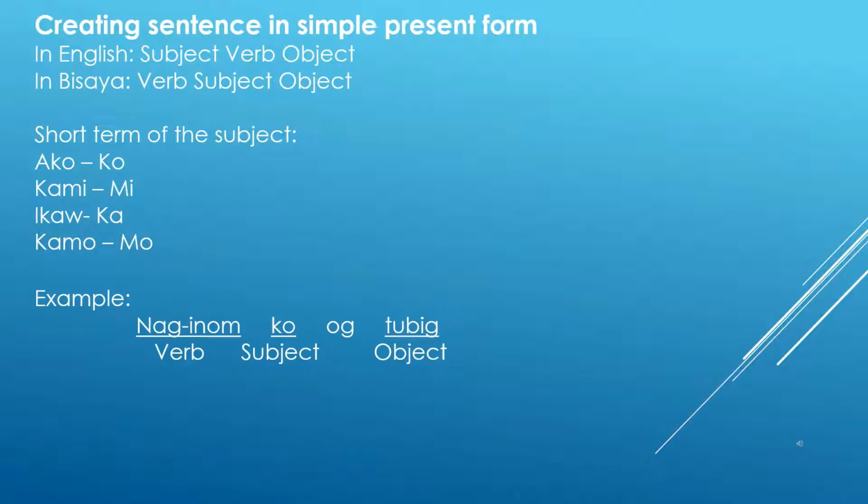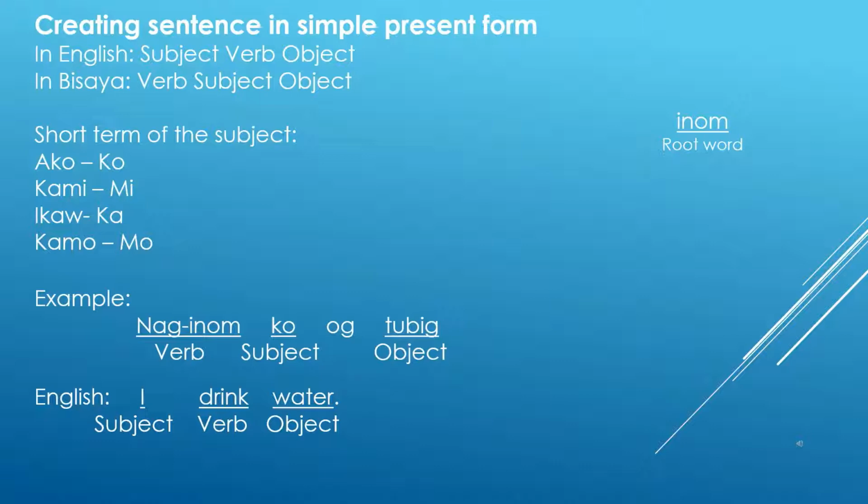So now, for our example, nag-inom ko og tubig. Nag-inom is the verb, which means drink. Ko is the subject, which means I, and tubig is the object, which means water.